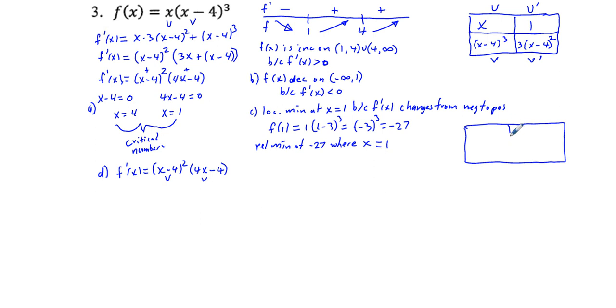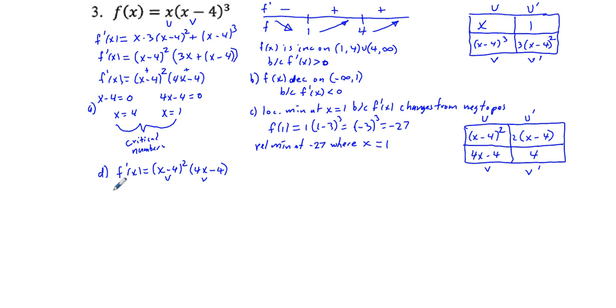We set up this box, UV. So I'm going to say U, U prime, V, V prime. U is quantity x minus 4 squared, and for U prime, we take this 2, so we have 2 times quantity x minus 4. And for V, we have 4x minus 4, and V prime, we have 4.